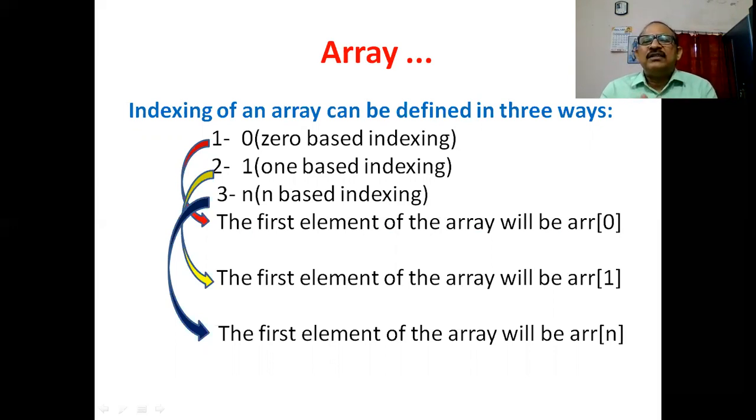In one-based indexing, the first element will be at position 1. In n-based indexing, the first element will be at position n. So there are three common ways to define the indexing of an array. In the Pascal language, one-based indexing is used. In the C language, zero-based indexing is normally used, but you may change it.